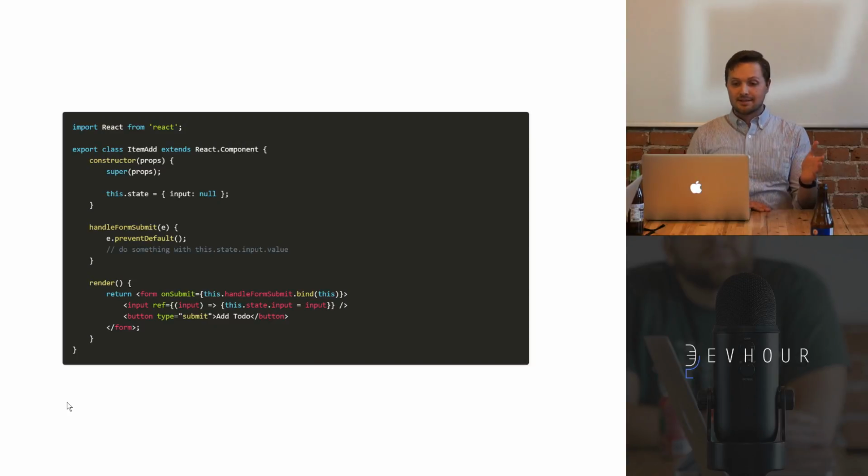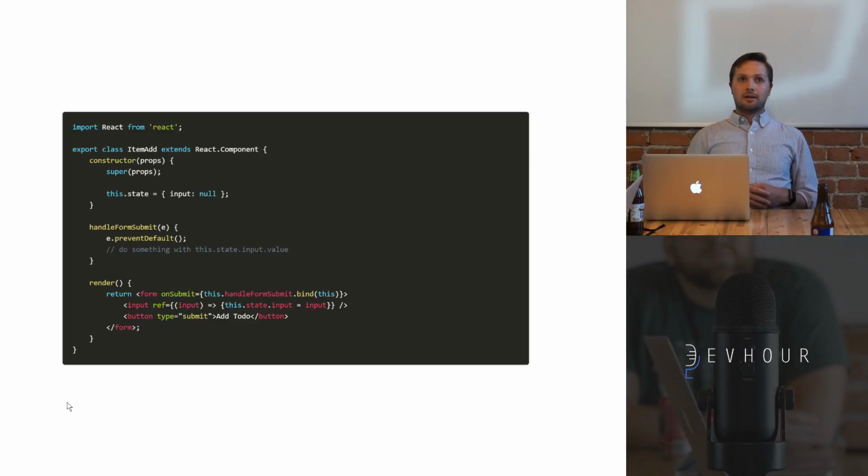So in this instance, diving into a little bit about component state, this would be an acceptable implementation of it. We only want to update, say, our data store after the user has interacted with some sort of form element or something along those lines. So what we're doing is we're initializing a state object with an input property that we're nulling out.